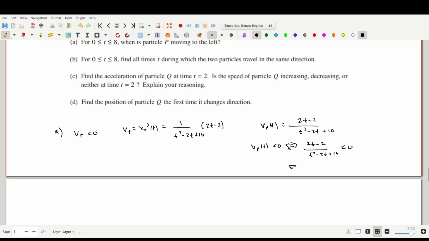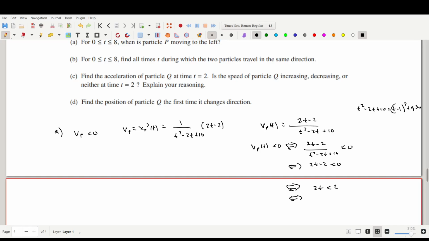And that's equivalent to, you can just multiply through by the bottom because the bottom is always positive. Importantly, t squared minus 2t plus 10 is equal to (t minus 1) squared plus 9. And that's positive, so you can just multiply through by it and not affect the inequality. And that is the same thing as 2t is less than 2, and that's the same thing as t is less than 1. Cool. That's what it is. So the answer is 0 to 1.